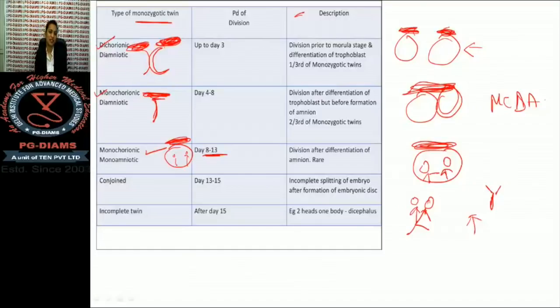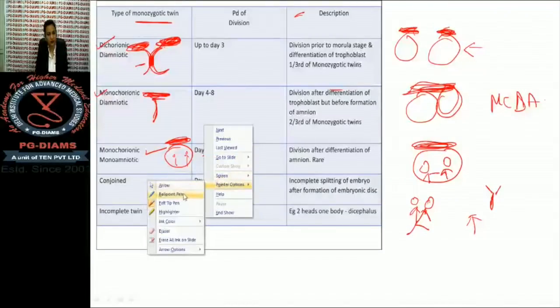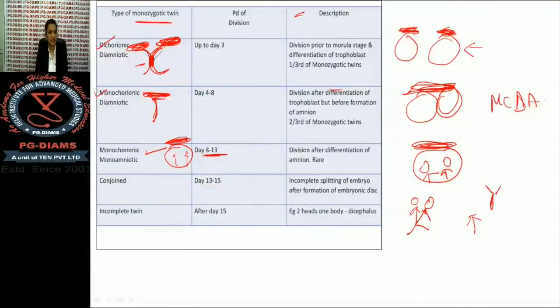So two things you have to see here are the thickness of this intervening membrane and the lambda sign. If you see, this is the lambda sign. There's a gap between the two placentas, and in monochorionic diamniotic twins you have this sign called T sign.